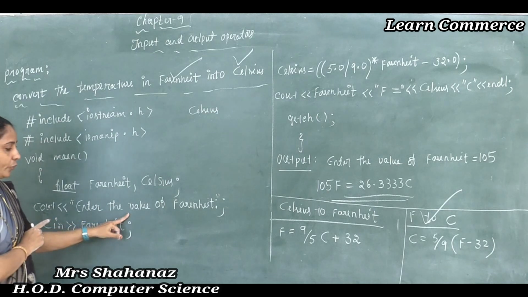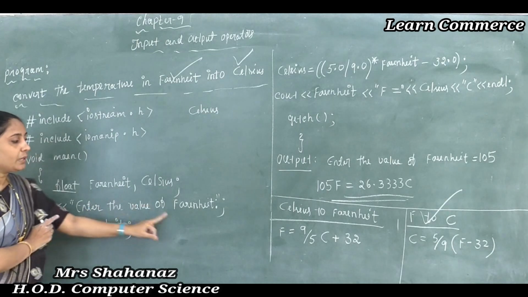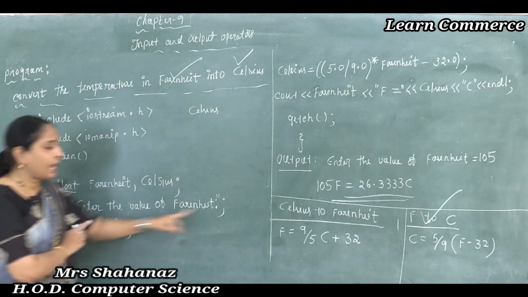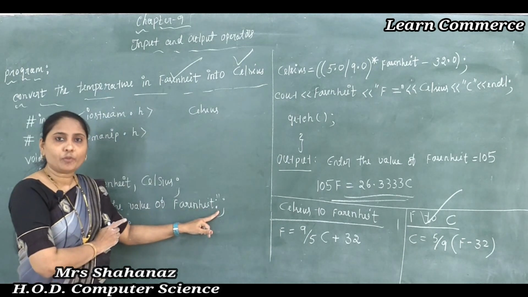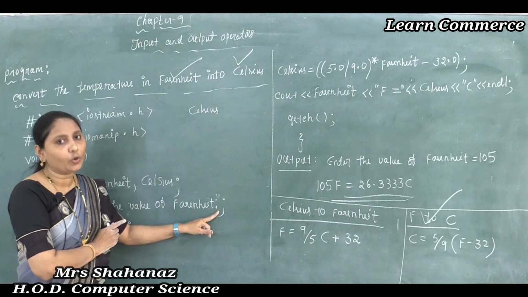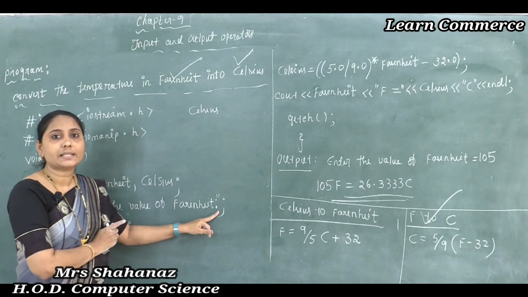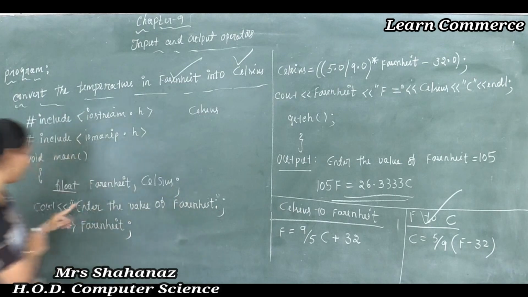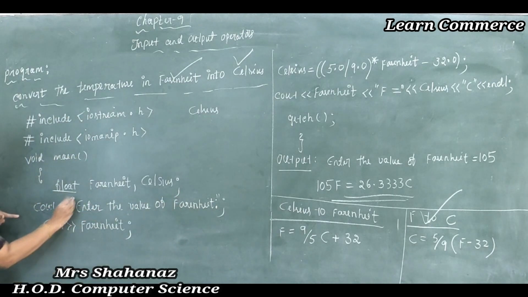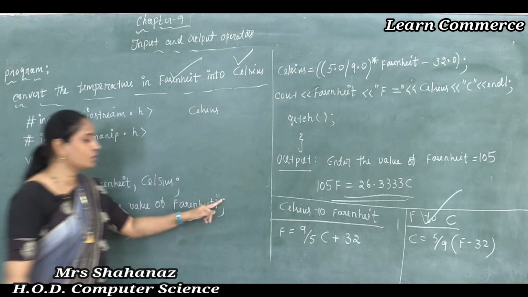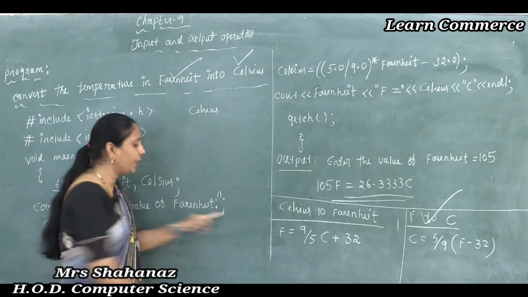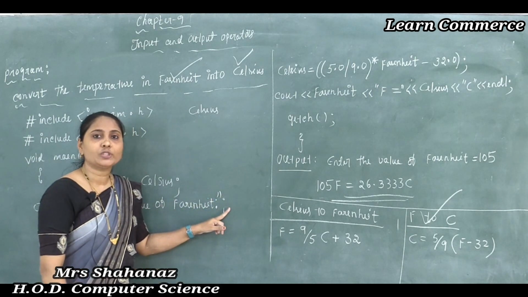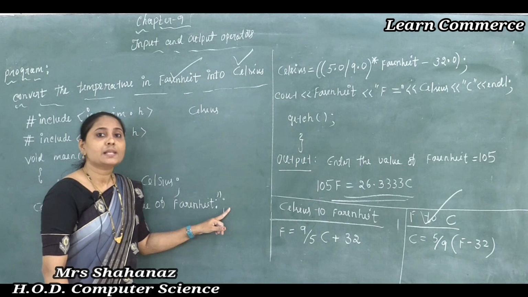Now the message I want to display is: enter the value of the Fahrenheit. As we know, such a colon, if you want, you can write; it depends on you. If you want your message to look attractive, you can use the colon here. And we know the opening of the double quotation is there, which means such a message needs to be closed by using the double quotation. And finally the statement is going to end or terminate with the semicolon.